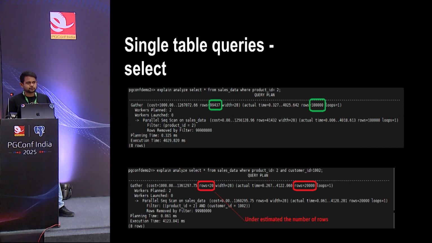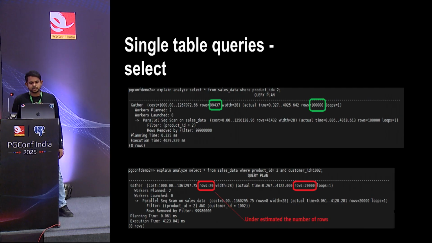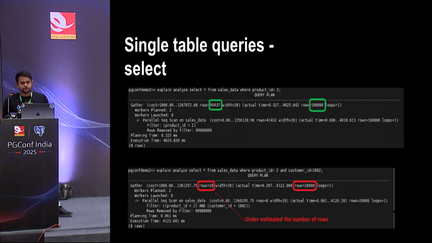So the estimates are close enough. But if you have a look at the next query, I have a query which contains two columns after the WHERE clause. And you can see here, which I highlighted in the red box, the planner is estimating only 20 rows here. So we can say the rows are being underestimated here.